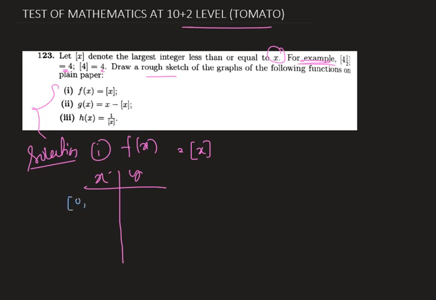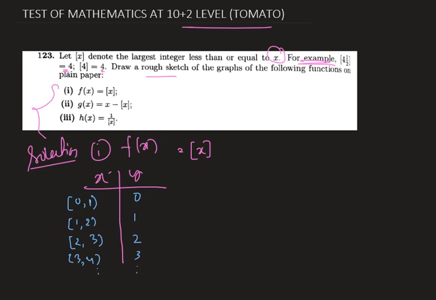Let's start with 0, closed interval, 1 open interval, which results in 0 in y. The next will be 1 to less than 2, which results in 1. The third is 2 to less than 3, which results in 2, and 3 to less than 4, which results in 3, and so on.